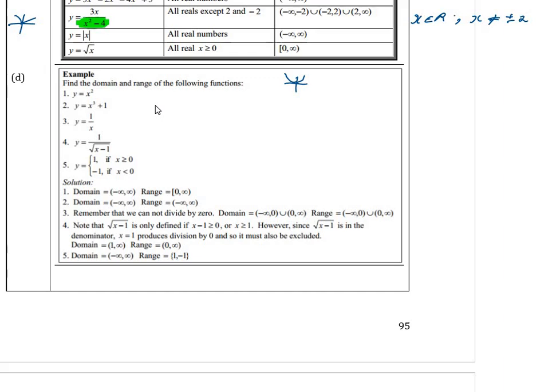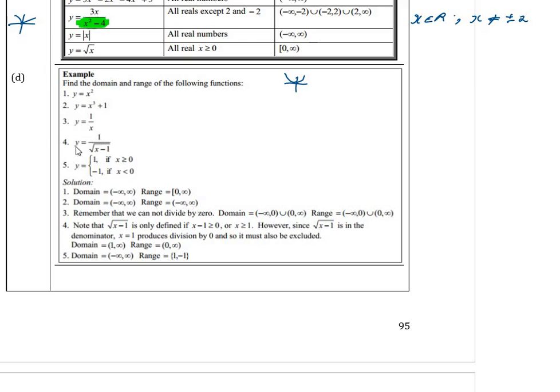Yes, because if I substitute -1 into here, I'm going to get 0. Okay, so yes. Can I get positive? Yes. If I give you 10 or 100 or 1,000,000, whatever, the answers will be positive. So no problem on the range. Therefore, -infinity to infinity.